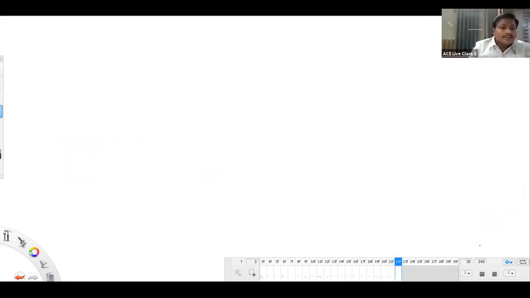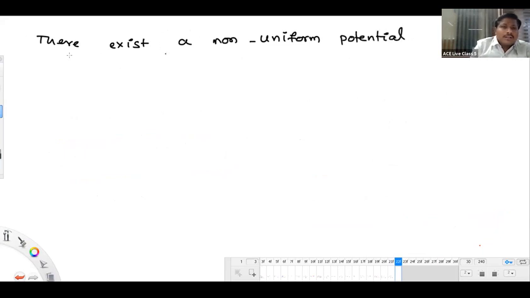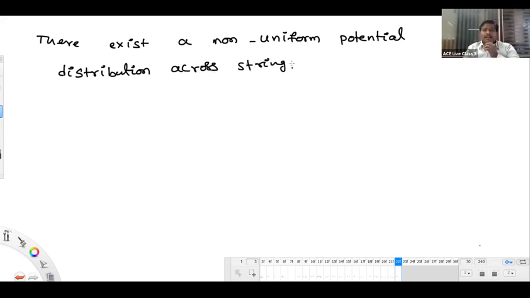So I can say there exists a non-uniform potential distribution or field distribution also you can say. Sometimes you can call non-uniform field distribution as non-uniform potential distribution across the string.